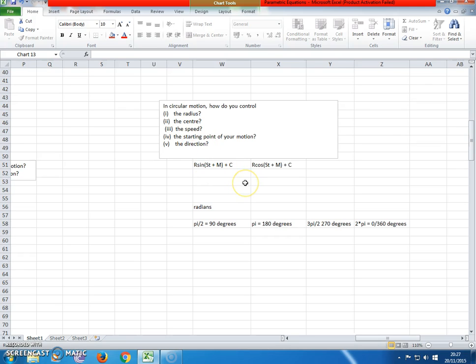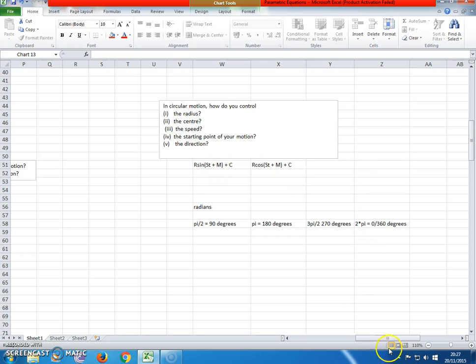And the direction is controlled by the motion that's here. That's the way that it's going to go. If you negate it, it'll go the opposite way to what a sine would normally go, and a cosine will normally go a different way.